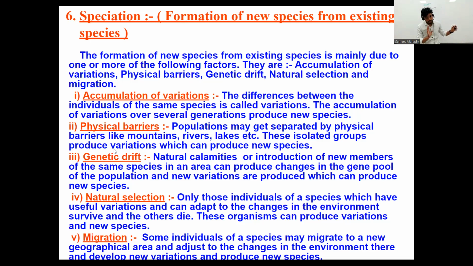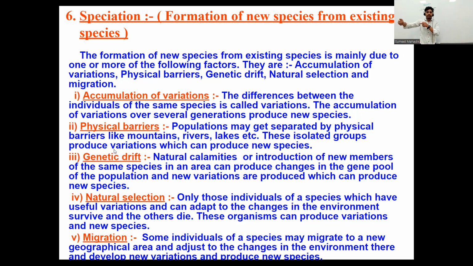This point is clear. Now we're talking about the accumulation of variation over several generations producing a new species. That means what? One variation is done. Now the species undergoes reproduction, keeps on reproducing, and obviously little inaccuracies in DNA are called variation. That is the starting point of the new generation, and definitely those inaccuracies are going to be transferred, and because of the many inaccuracies in the DNA, it may lead to different variation. That is called accumulation of variation. Getting my point?